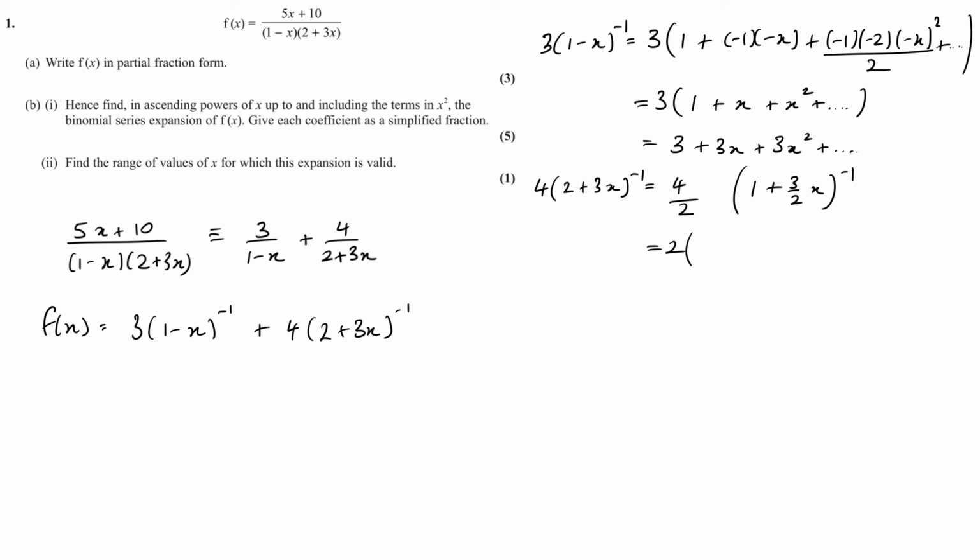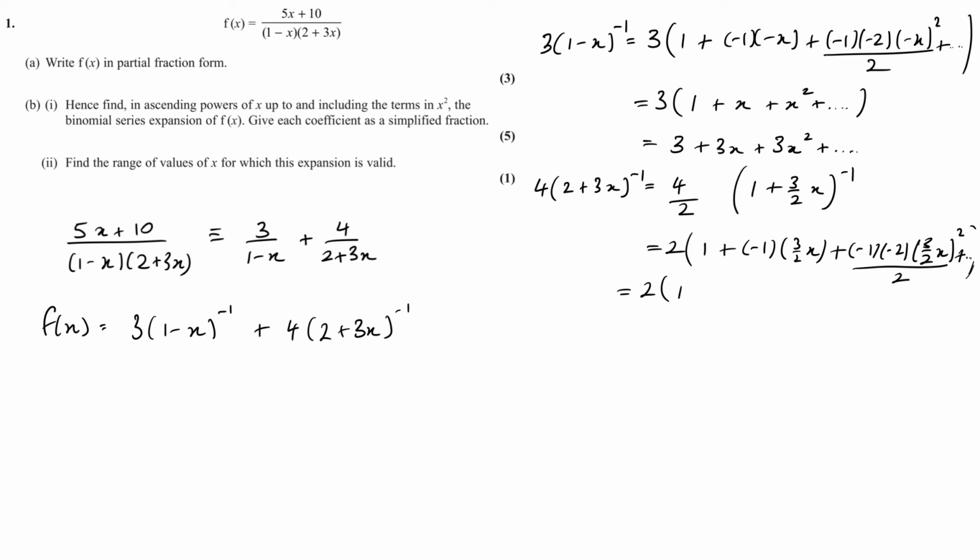So same again, 1 plus, and it's minus 1 times 3 over 2 x, plus minus 1 times minus 2 times (3 over 2 x) squared, and this is then over 2, plus, and then just carries on. So 2 brackets.